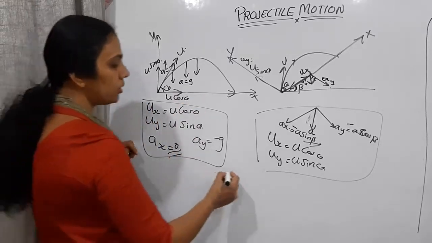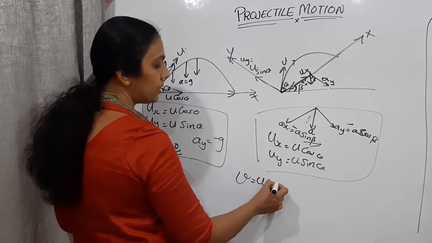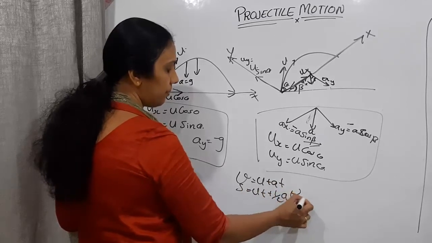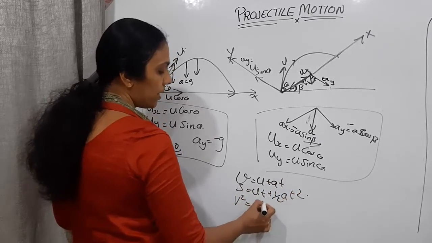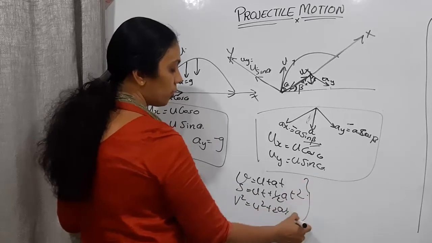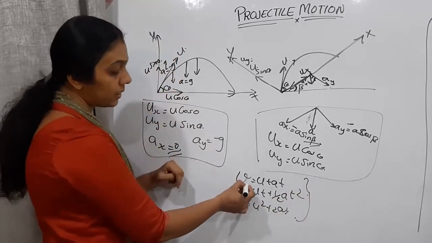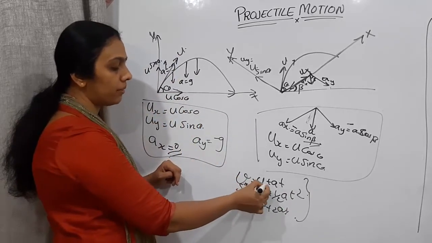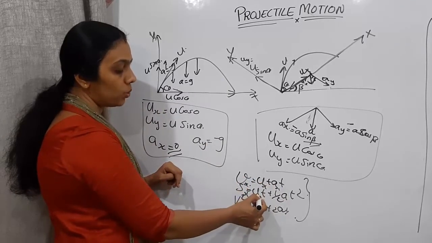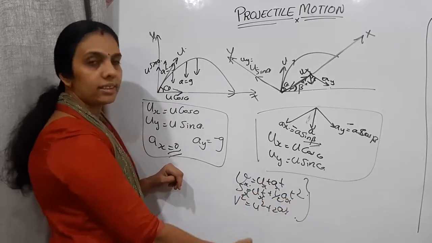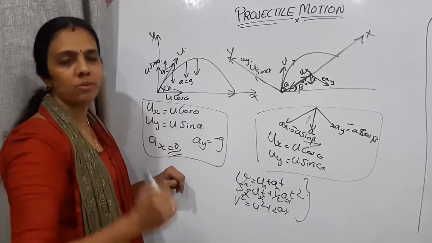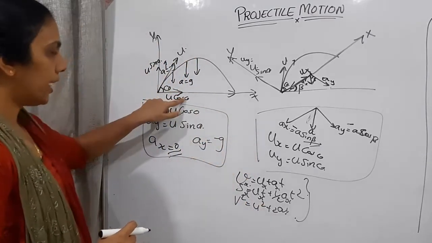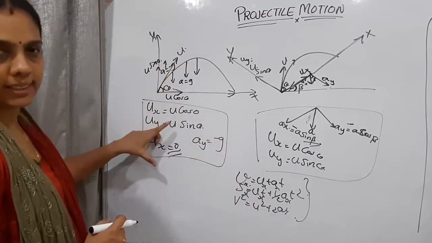So we can use the three equations of motion: v equals u plus at, s equals ut plus half at square, and v square equals u square plus 2as. Any one of the equations of motion we will apply. If the velocity along the x-axis is required, we use ux and ax: sx equals ux t plus half ax t square. Like that, we take the respective components. So here we have the initial velocity along the x-axis and y-axis, and the acceleration along the x-axis and y-axis.